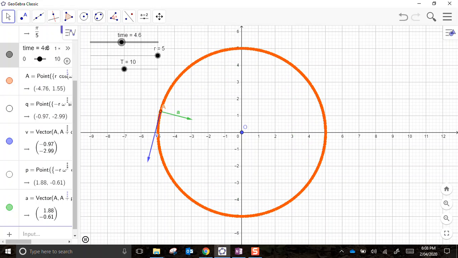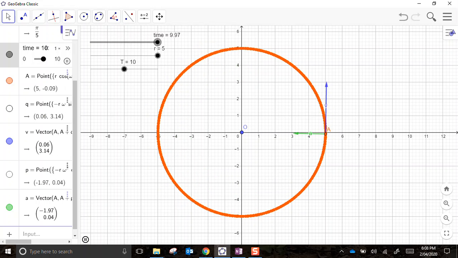It could be a ball tied onto a string, and point O could be a person holding the end of the string, twirling the ball around their head. There could be any number of reasons why a particle moves in a circle, but there must be an unbalanced force pointing towards the centre of that circle that causes the centripetal acceleration.